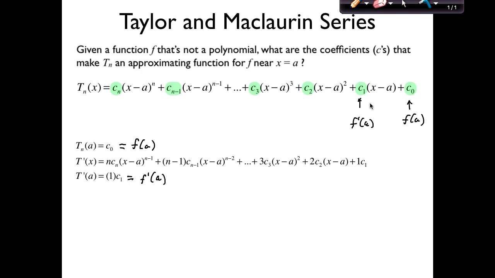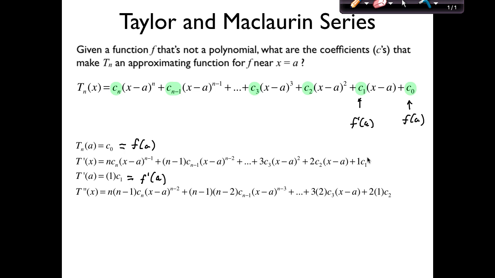All right, let's do it again. Take the second derivative. Now we do the power rule again, so we get n times n minus 1 to the n minus 2, and then n minus 1 times n minus 2 to the n minus 3. We work our way all the way down, and now we get 2c2 as the constant term of the second derivative.